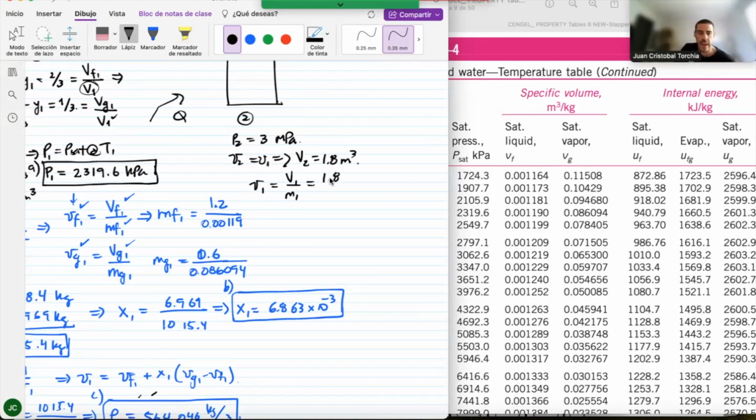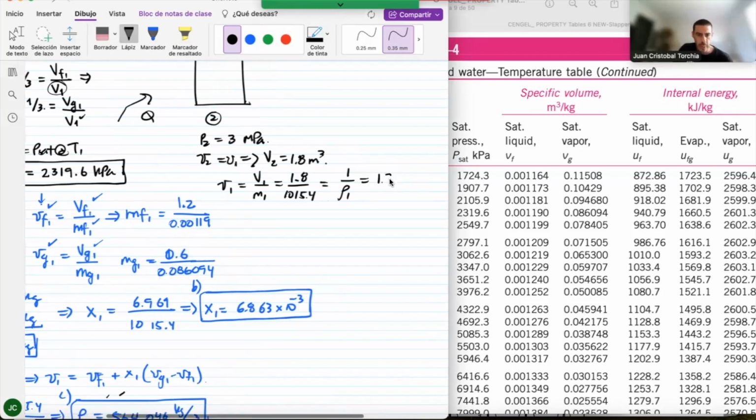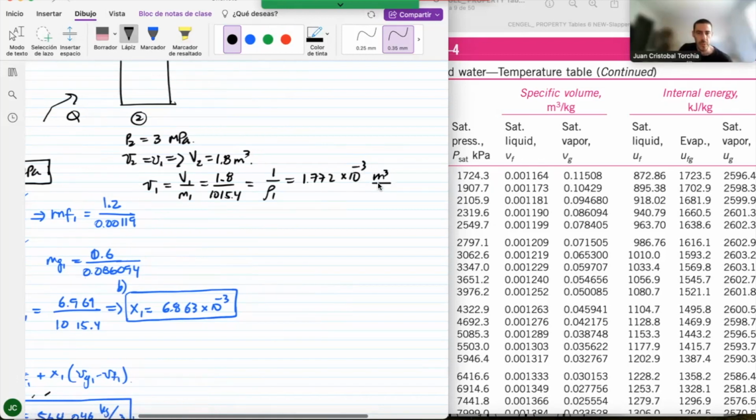And I can put 1.8 divided by 1,015.4, which is the inverse of the density. So this value is 1.772 times 10 to the minus 3 cubic meters per kilogram.